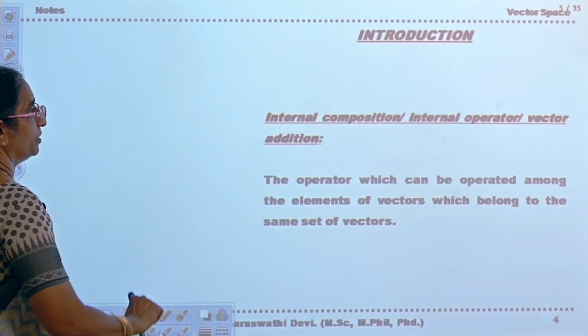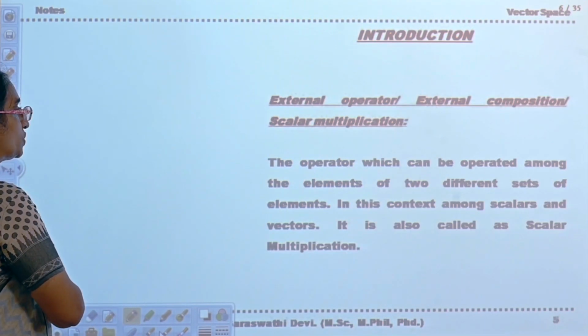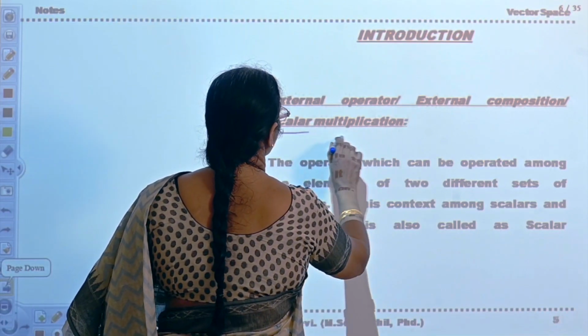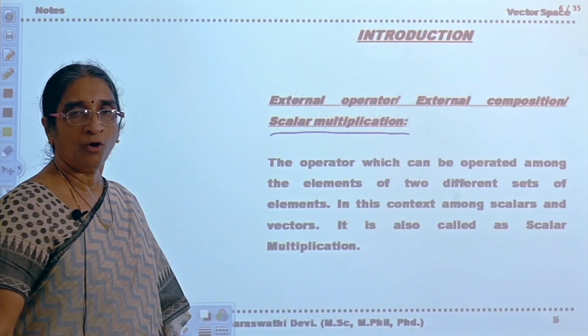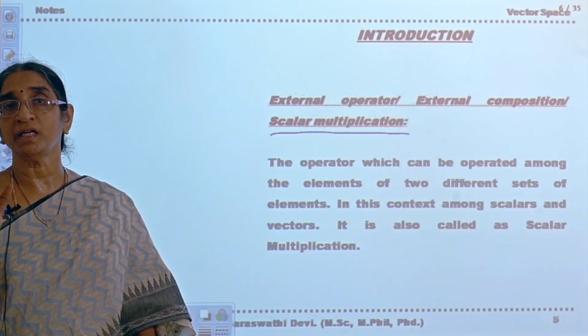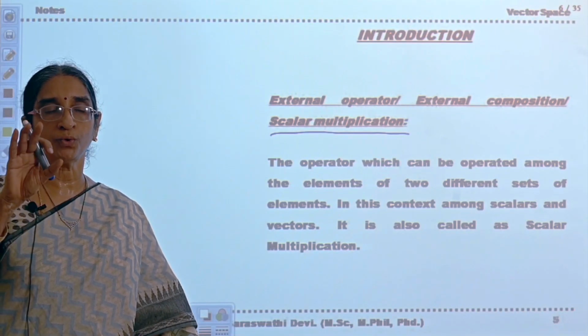Okay, now see the external composition or external operator, which is also called scalar multiplication. What is this operator? This operator should always be operated between elements belonging to two different sets.